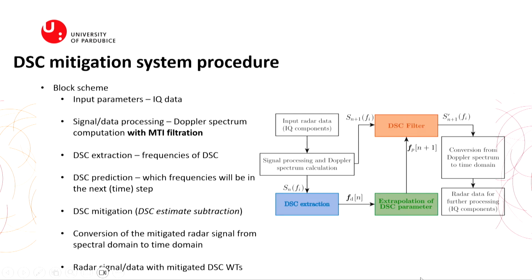Next comes the blue box, which I will call DSC extraction. We will apply the AMPD algorithm in this case to locate the 3 dominant peaks in the spectrum.